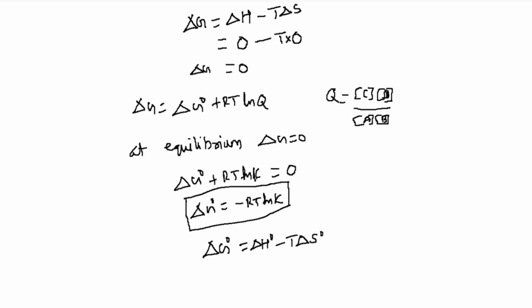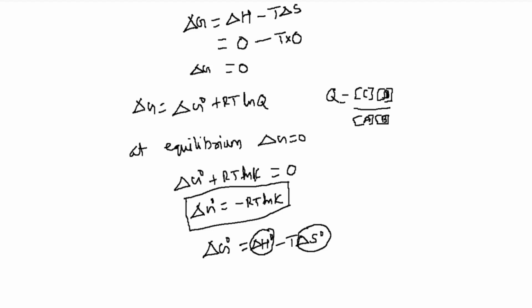Okay, next, for any given compound, the delta H naught and the delta S naught values are fixed, and these values are available in literature. So for a given compound, delta H naught is constant, delta S naught is constant. So they won't change for the given compound or for a given reaction. At the standard condition, delta H naught, delta S naught values are common. See, the only variable here is temperature.